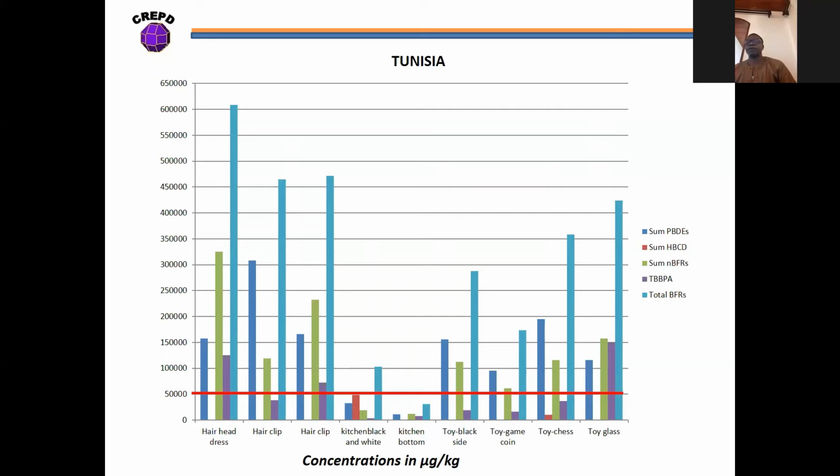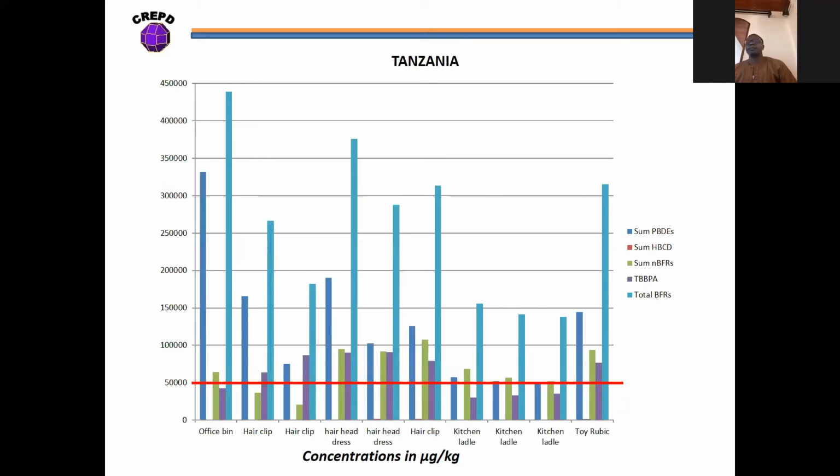For the sum of PBDE, it is the same trend as we saw earlier. We also found that non-regulated POPs are present in almost all the plastic we analyzed from Tunisia.